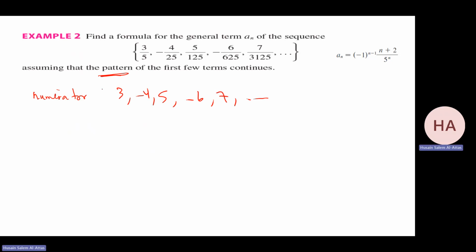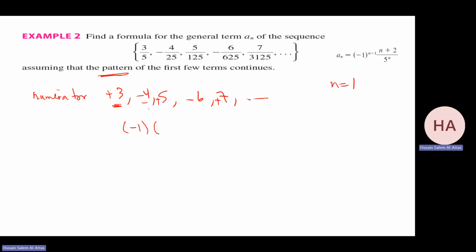And there is a sign: plus, minus, plus, minus, plus. If I want to write it, it will be minus 1 to the power something. Usually I start at n equal 1. So at n equal 1, I have 3. At n equal 2, I have 4.